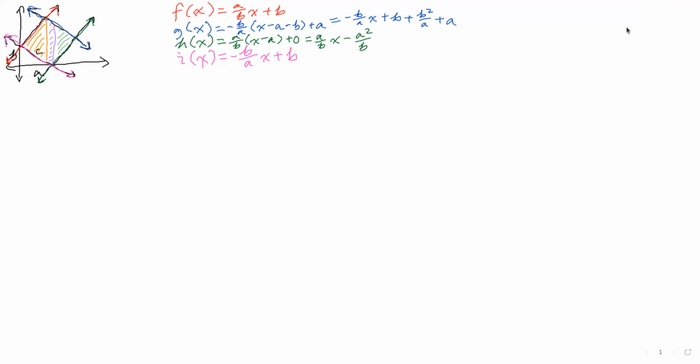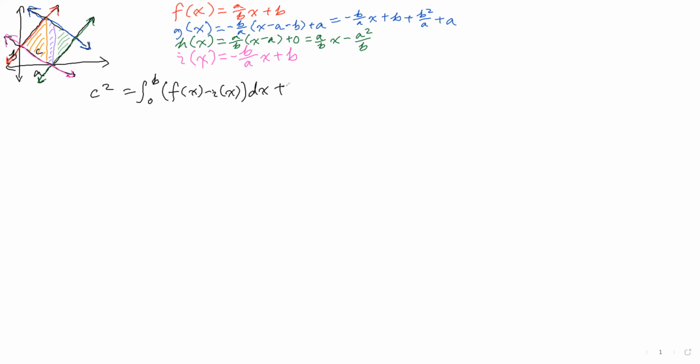Alright, so let's write that out. C squared, the area of the square, is equal to the integral from 0 to b, because recall that this is b, 0 to b of f of x minus i of x, of course, with respect to x.